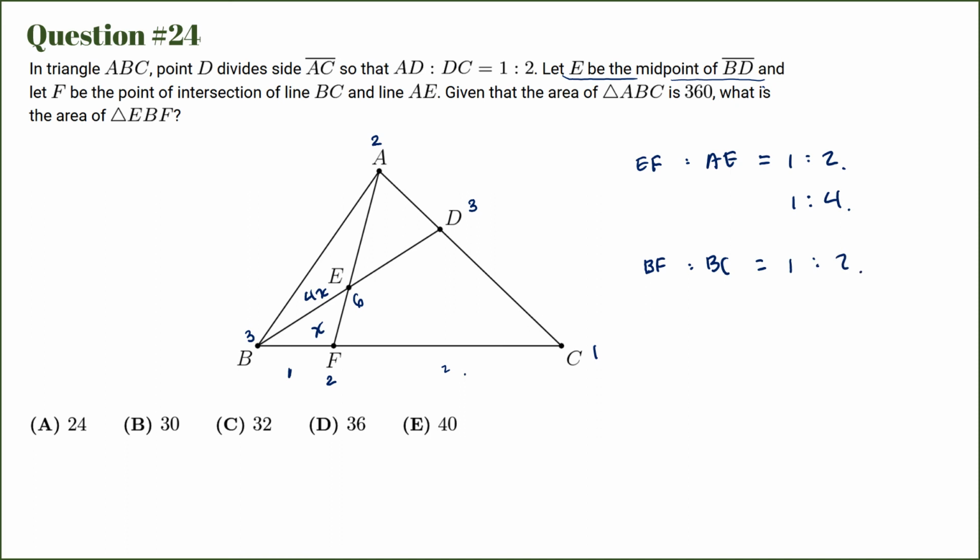The areas are also 1 to 2. So because ABF is 5x, ABC has to be 10x. Now we know that 10x equals 360, and we know now that x equals 36. So the area of EBF, which is x, is equal to D, 36.